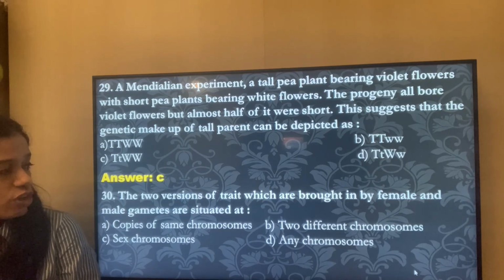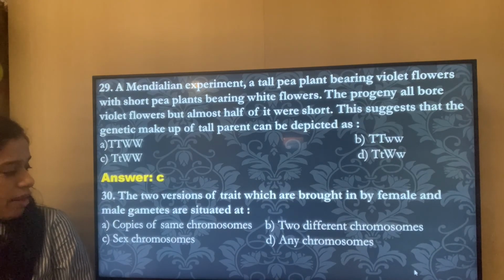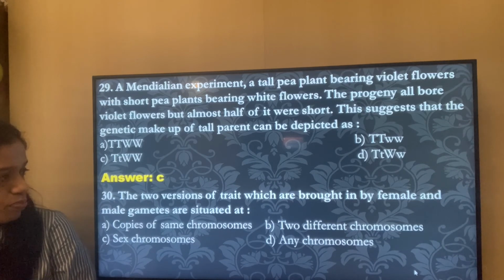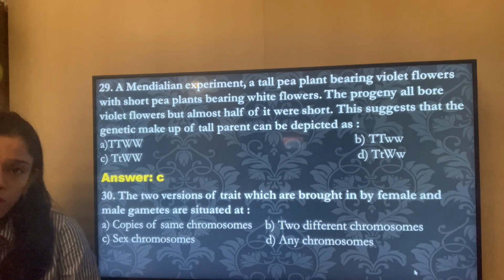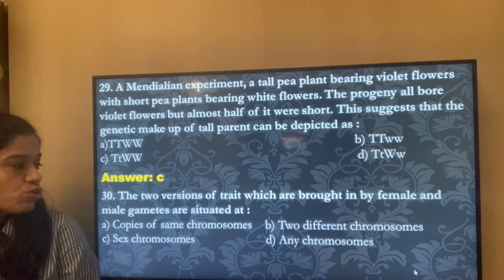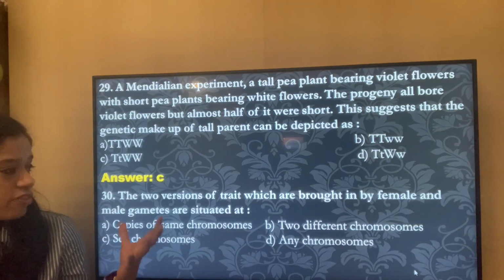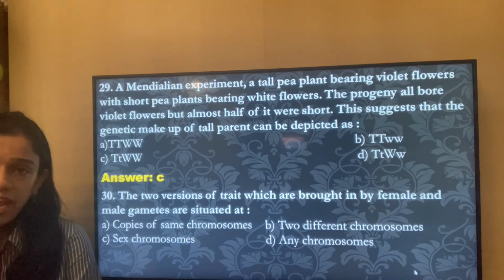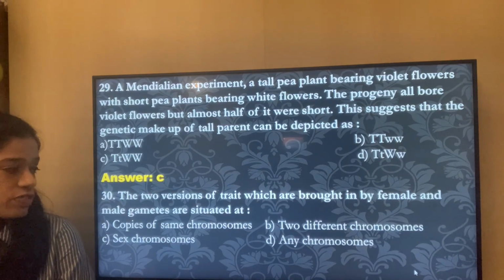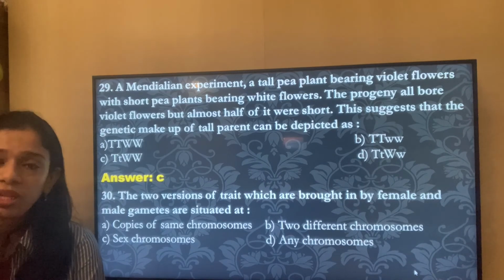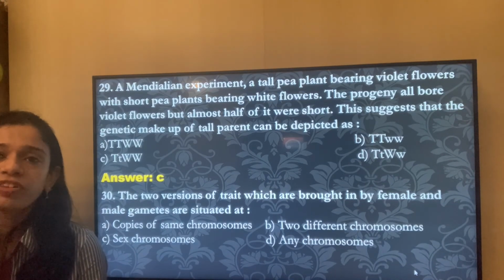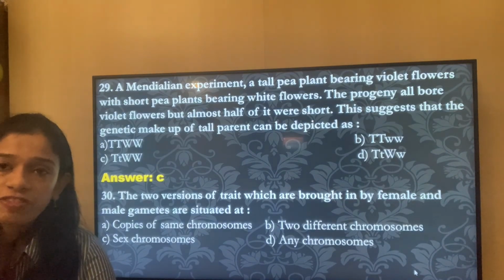The two versions of a trait which are brought by female and male gametes are situated on the copies of the same chromosome, two different chromosomes, sex chromosomes, or any chromosomes. If the versions were situated in the copies of the same chromosome, then it would not have shown the differences.